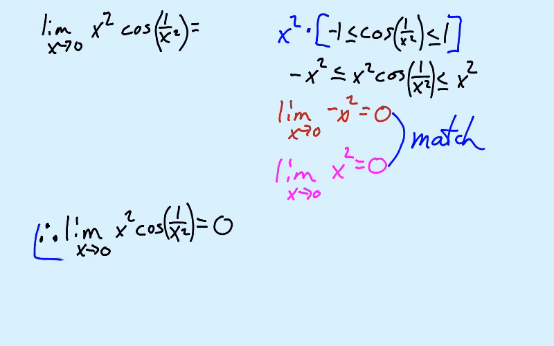So in this way, we have proved that the limit as x goes to 0 of x squared times the cosine of 1 over x squared must equal 0, because we have sandwiched it between the functions -x squared and positive x squared.